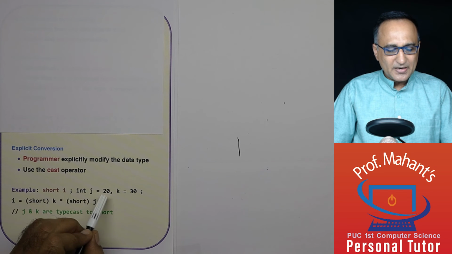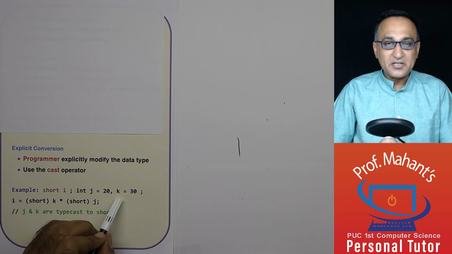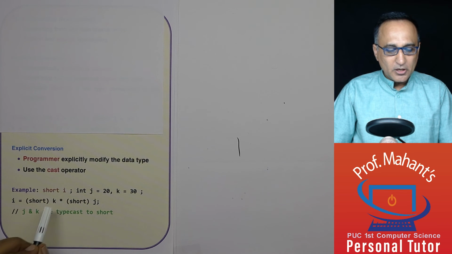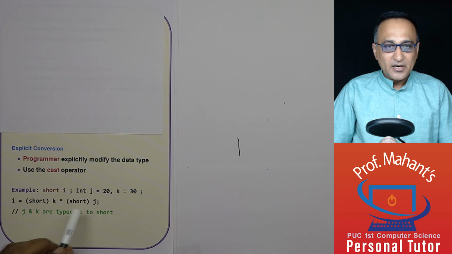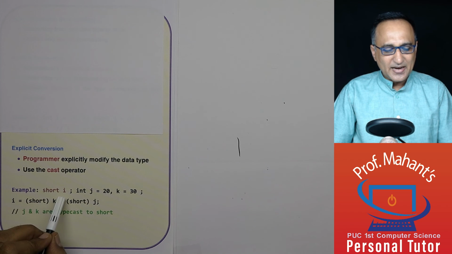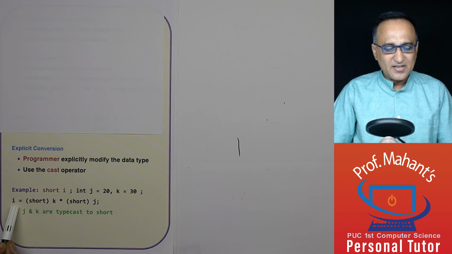Suppose I want to multiply j and k, both are of type integer, but the result is going to be stored in a short data type. So here it is my job to typecast or force both k and j just for the sake of multiplication, or just during multiplication, to become the same data type as I, which is the short data type, do the multiplication and store the result in I.